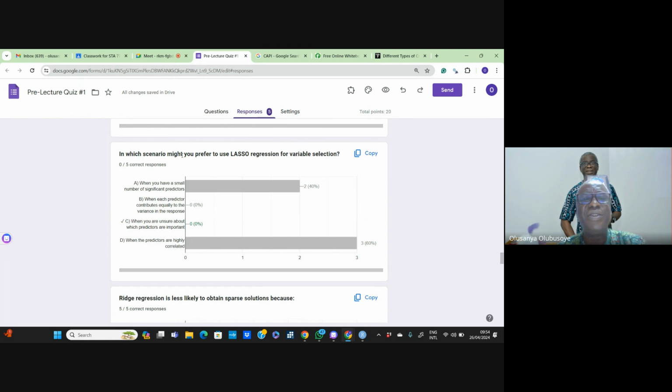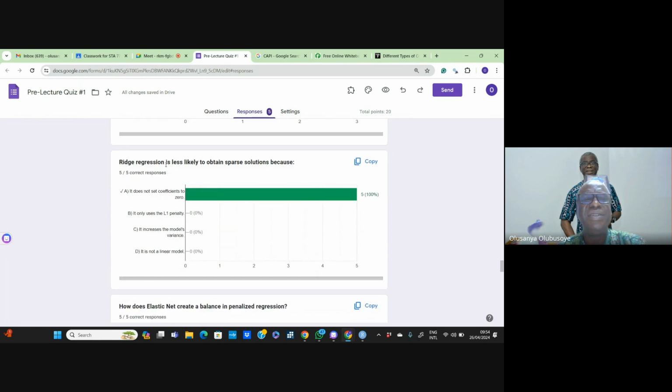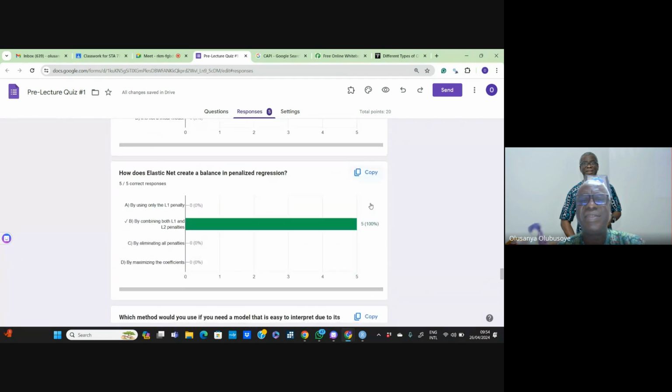In which scenario might you prefer to use lasso regression for variable selection? The answer is when you are unsure about which predictors are important. Ridge regression is less likely to obtain sparse solutions because it does not set coefficients to 0. Yes, so you all got that.